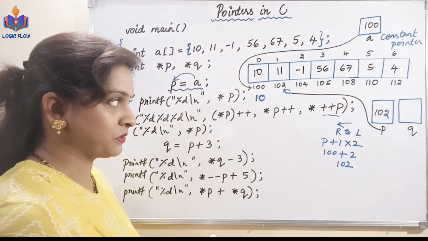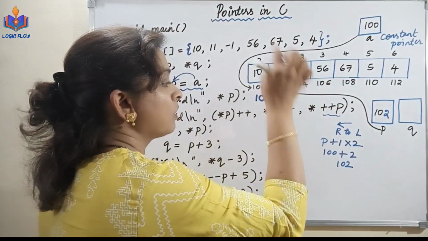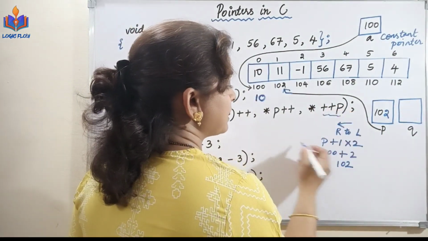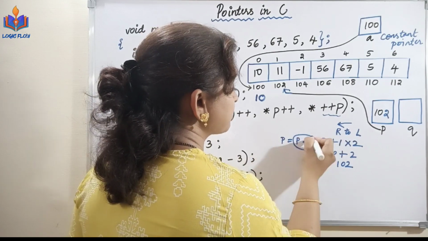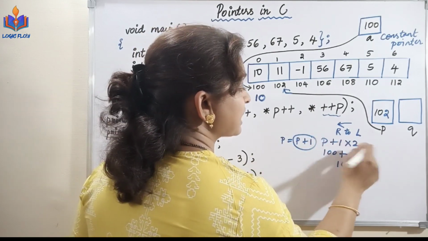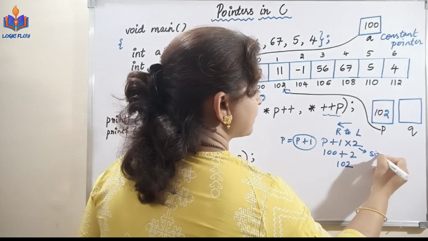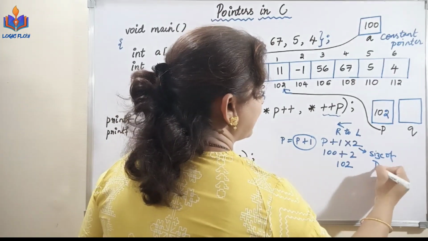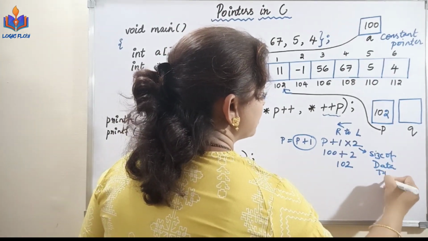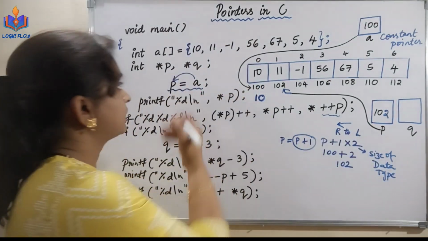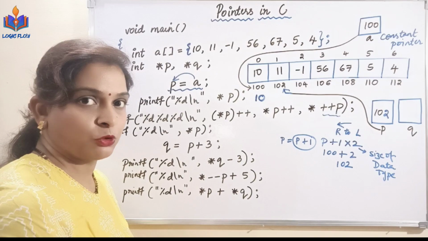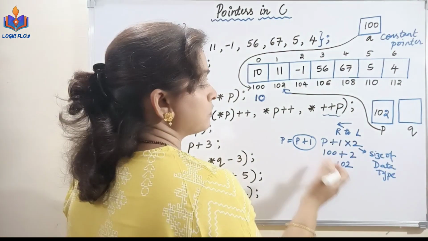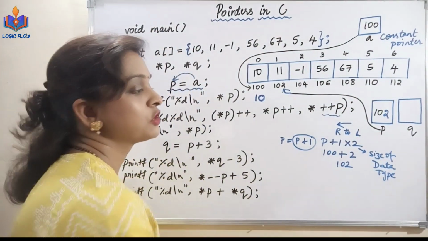Right. So hopefully you understood this. So it is pointing to 102. ++p is nothing but p equal to p plus 1. What is p plus 1? P plus 1 into size of the data type. So if I just say it is 2 bytes for integer with respect to 16-bit machine, so it is 1 into 2, so it is 100 plus 2, 102.